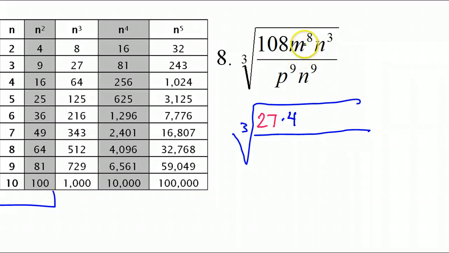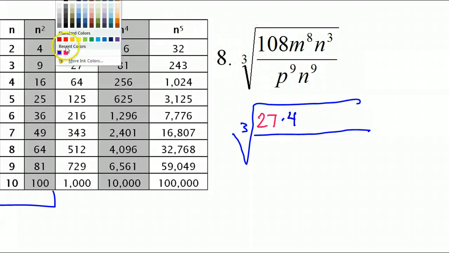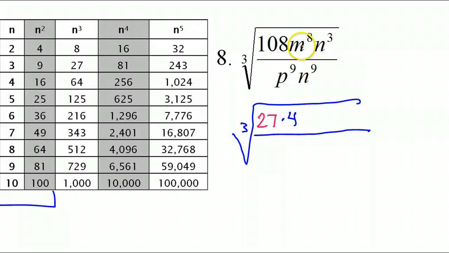Now, for the variables, it's simple because I want things that are divisible by 3. m to the 8th power. 8 is not divisible by 3, but 6 is. So I will split this up as m to the 6th power and m squared. 6 and 2 make 8.